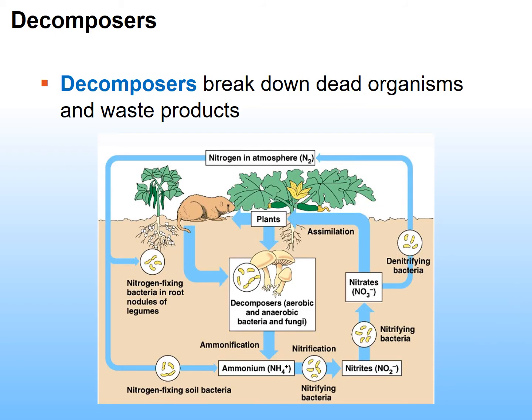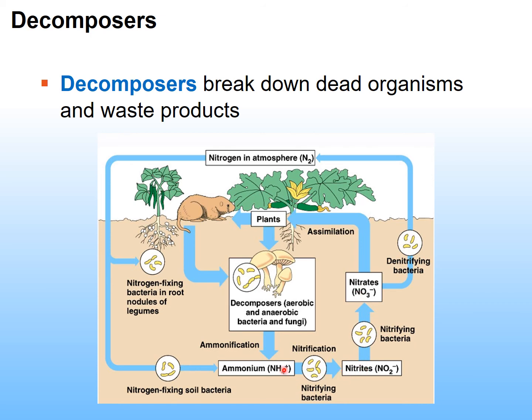Now, decomposers are organisms that can break down dead organic matter and use up wastes that are found in the atmosphere and in the soil. Some of the major decomposers are bacteria and also fungi. So those are at the center of this right here. You can see that we have these bacteria that are denitrifying. Remember, denitrification produces nitrogen gas, which goes back into the atmosphere. They utilize the nitrates and nitrites that nitrifying bacteria can produce.